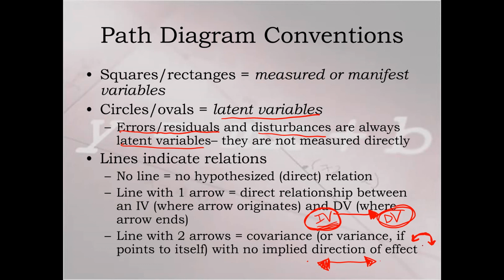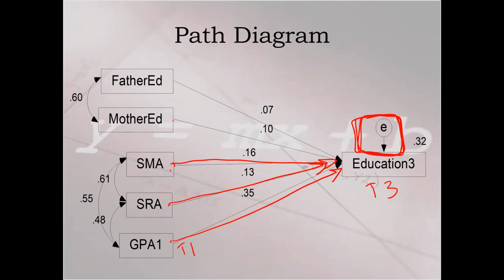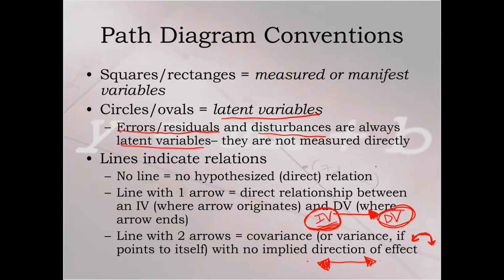Nevertheless, we still think, such as here, that your GPA, SMA, and SRA are causing or driving or leading to a particular educational attainment score in these kids. And we think that because these came at time 1 and this came at time 3, so at least temporally they're preceding. So sometimes people do call this causal modeling.